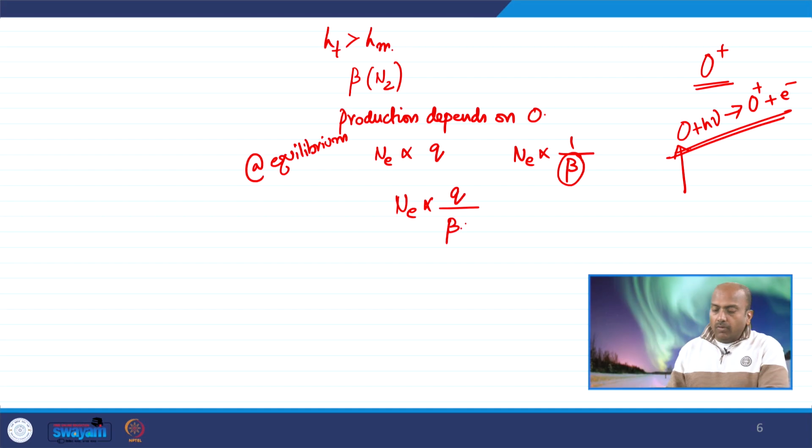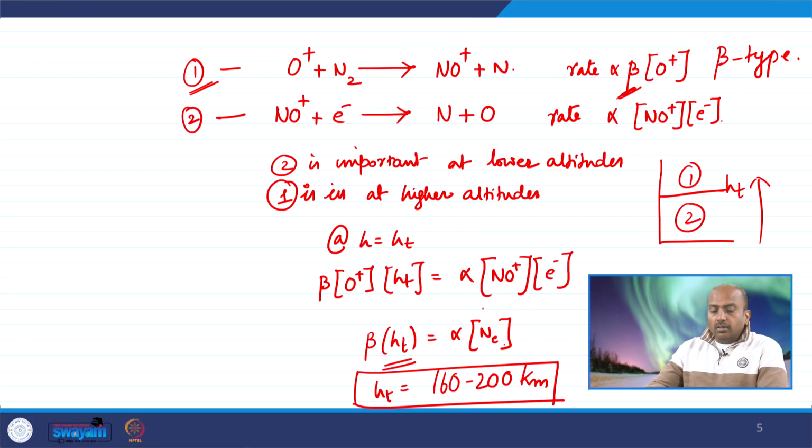We have already understood that Q, the production rate, is proportional to the concentration of oxygen, and the beta type recombination is going to be proportional to the number density of N2. You are getting O plus by means of Q, and depending on the number of available N2 molecules, this recombination occurs. Let us say there are 100 O plus ions and there are only 2 nitrogen molecules.